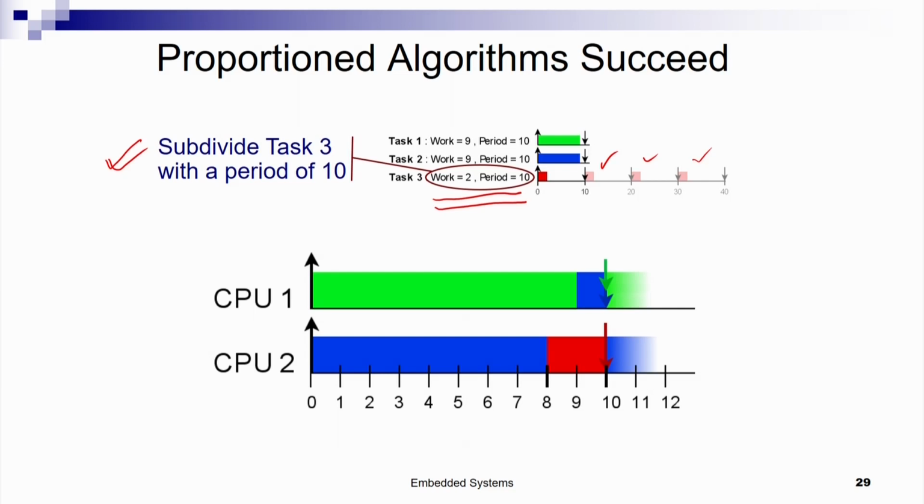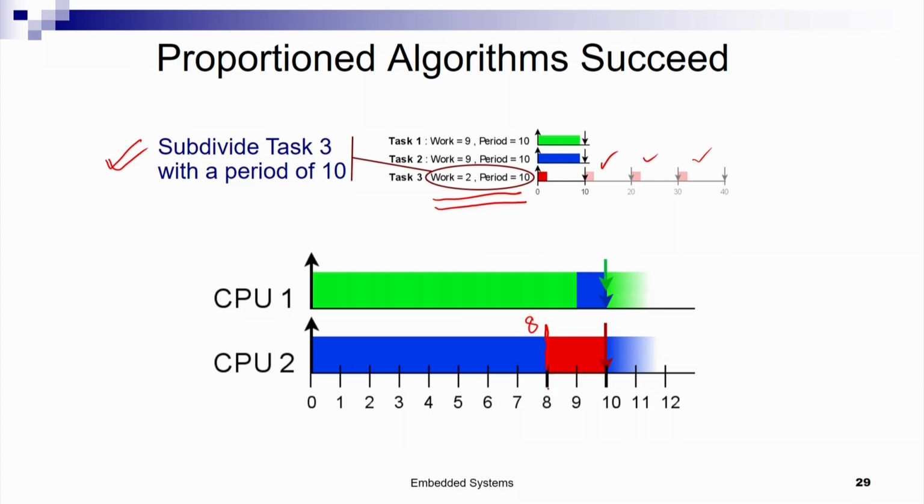Then what happens? If we do this proportional division of the workload of task T3 into 4 chunks of 2 units each for every 10 time units of work, this proportioned division of work for T3 makes it possible to view this important event at 8.